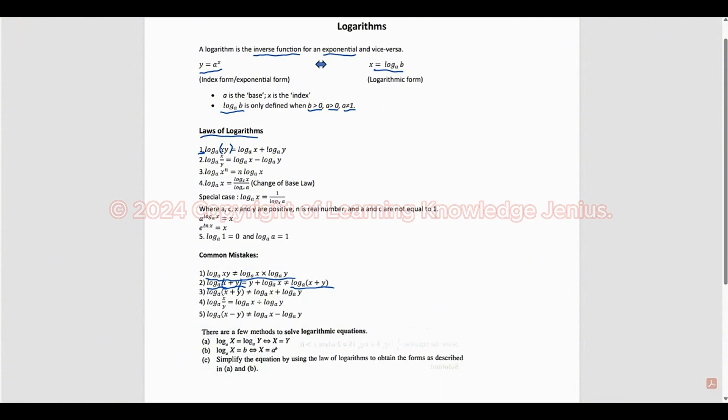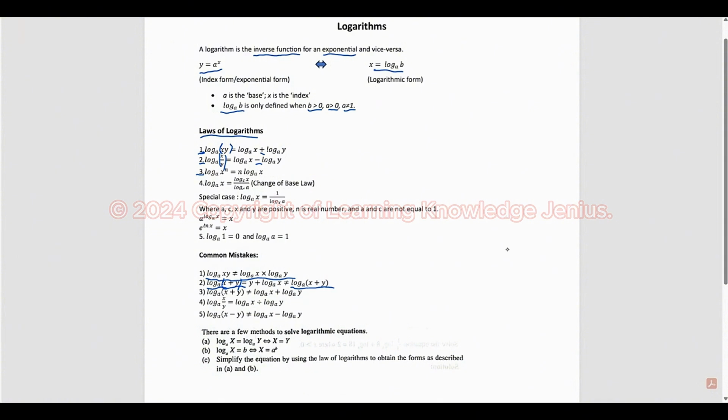So it is actually log a xy. It must be the multiplication of the terms inside the bracket that is equal to log a x plus log a y. Similarly, we also have a division. What if it's x divided by y? Then it will be a minus sign here. If it's a multiplication, it's a plus. If it's a division, then it's a minus. The third one is the most commonly used one.